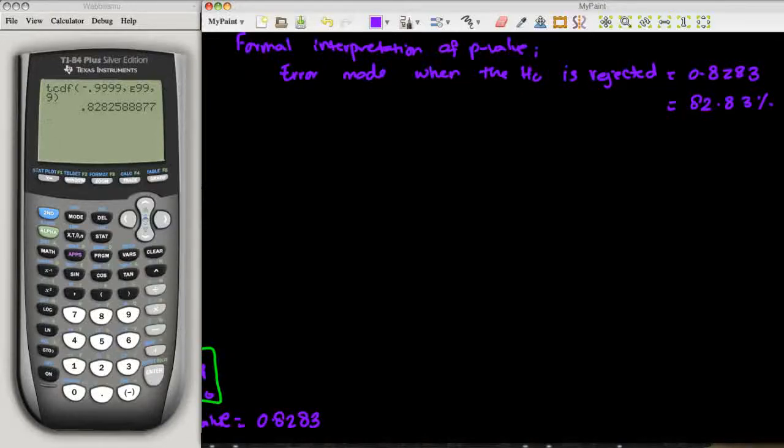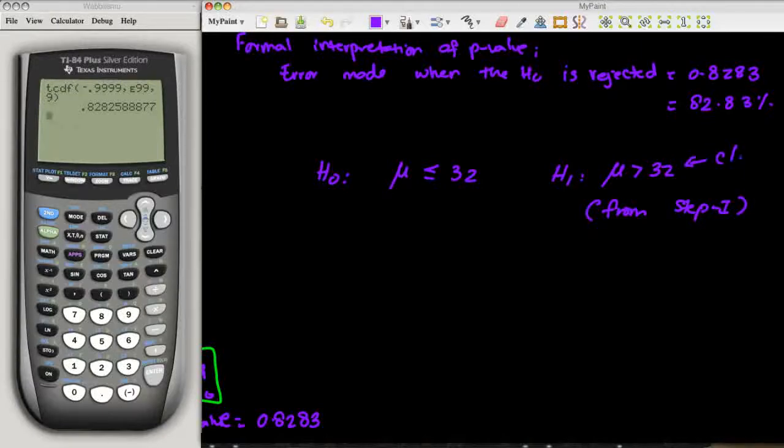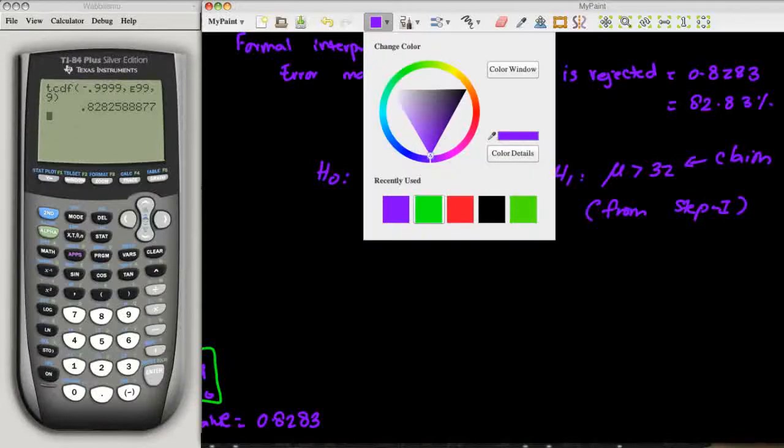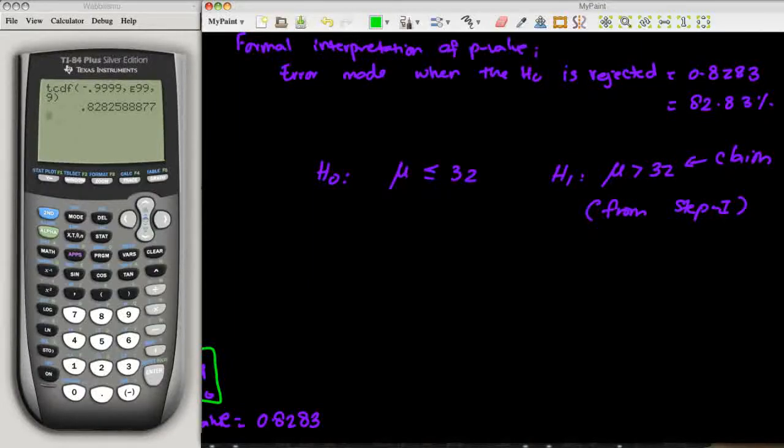That being said, now that we've failed to reject the null, our original statement from step 1 is that mu is less than or equal to 32 versus mu greater than 32. This is from step 1, and that is our claim. And the data, after performing this test, concludes that we failed to reject the null. So we have found evidence toward the null.